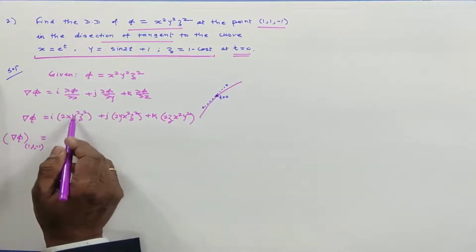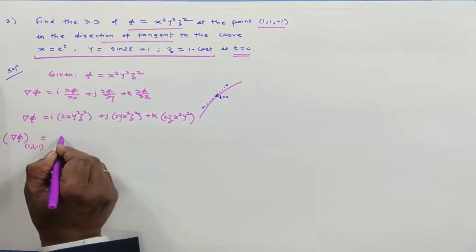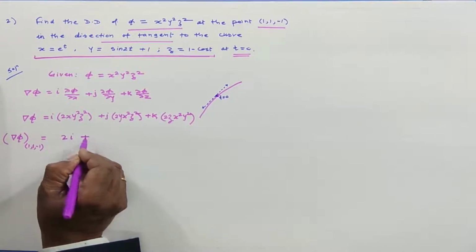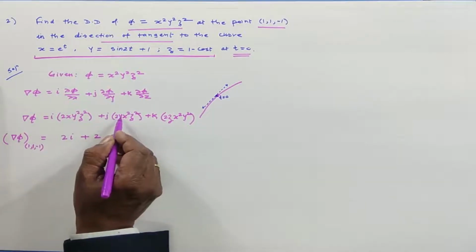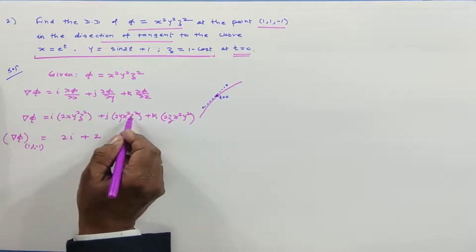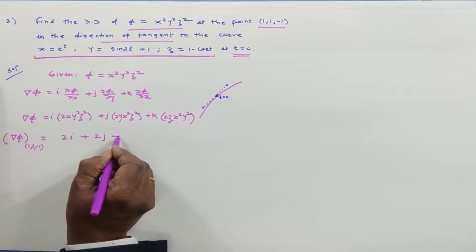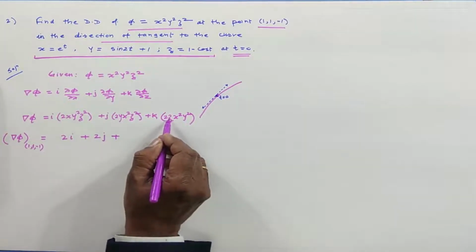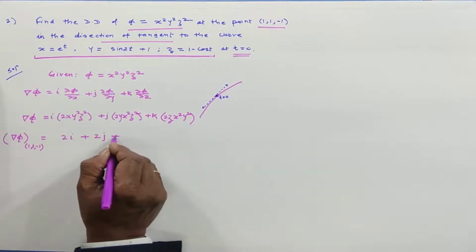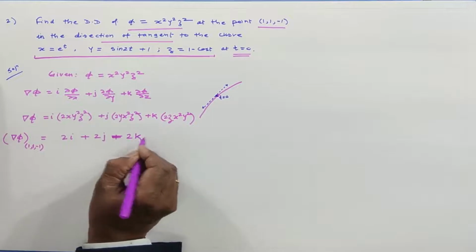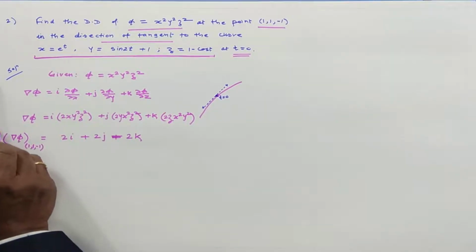See, x is 1, y is 1, and z is minus 1, whose square is plus 1, giving 2i, plus 2, y is 1, x is 1 and z square, minus 1 square is 1, giving 2j, plus z is minus 1, x square y square is 1 and 1, therefore it is minus 2k, because z is minus 1. So this is the gradient of phi.